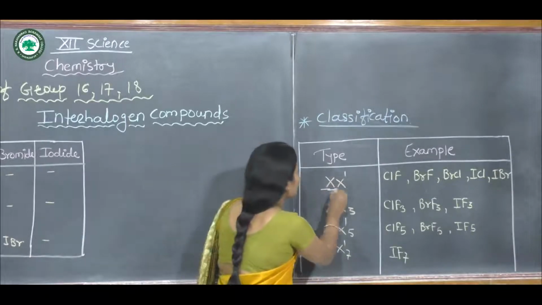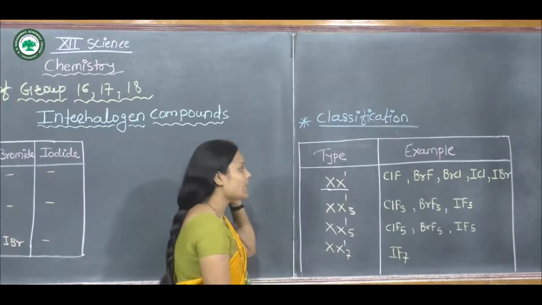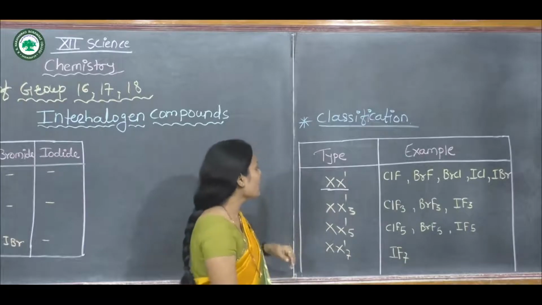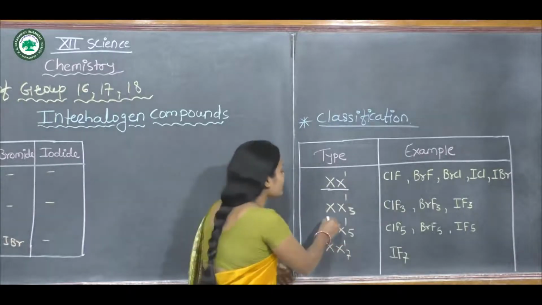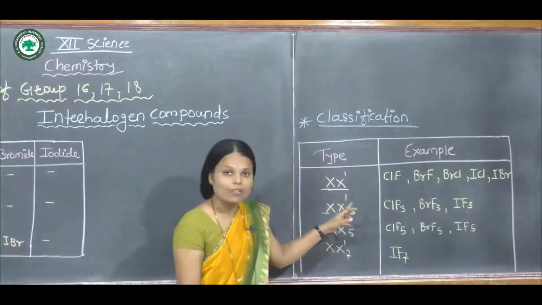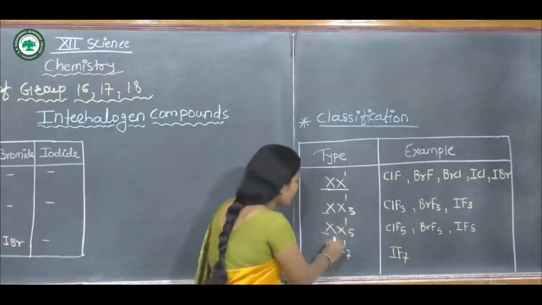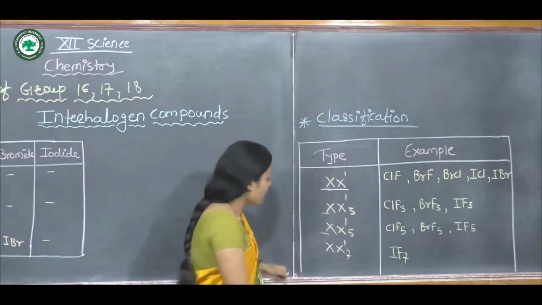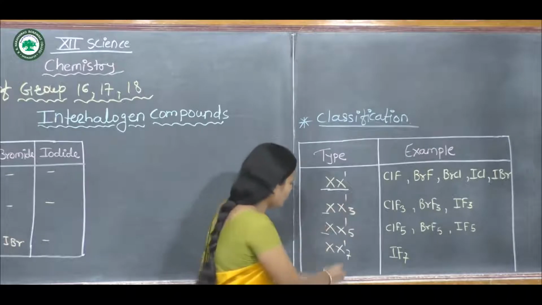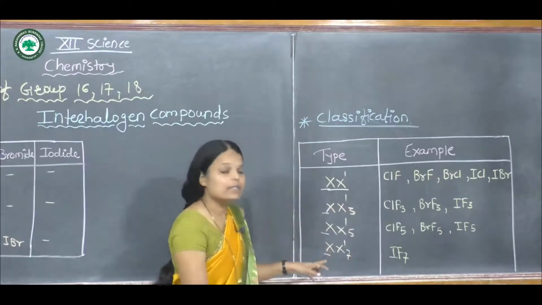The second type is X X3 dash. The third one is X X5 dash, and the fourth is X X7 dash.